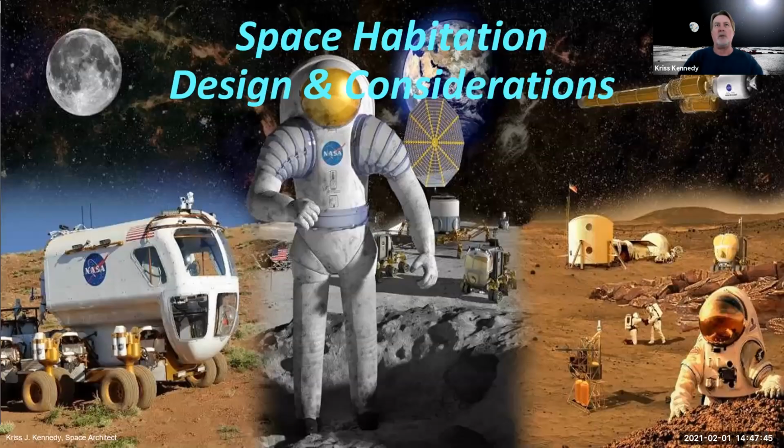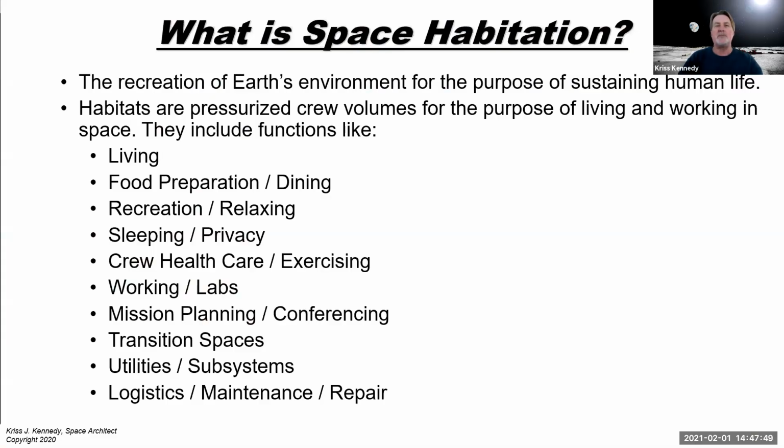Okay, let's talk now about space habitation design and considerations. So what is space habitation? Basically, it's the recreation of Earth's environment for the purpose of sustaining human life, a place for humans to live and work in. So habitats are those pressurized crew volumes for the purpose of living and working in space.